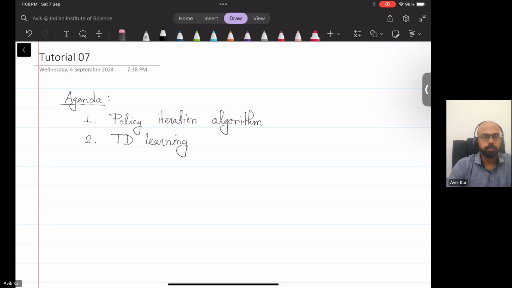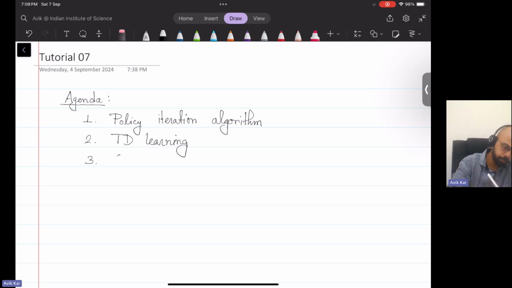The control part is once you are able to evaluate a policy in this TD learning algorithm, then it will be your job to incorporate the control part using whatever.